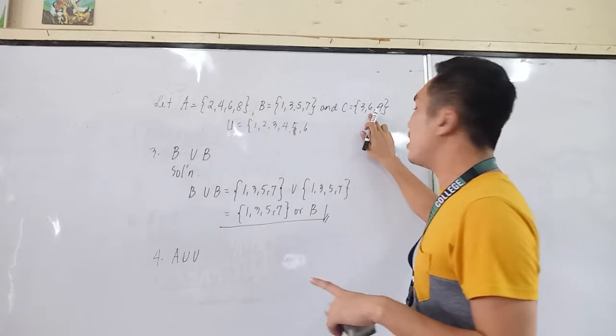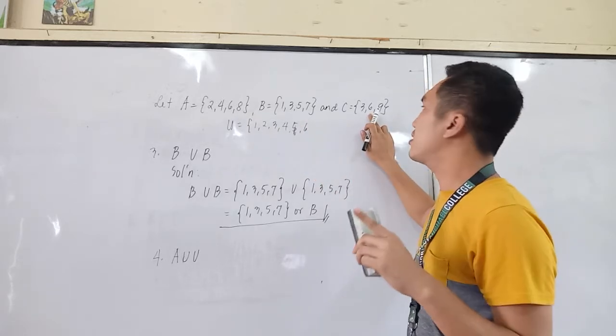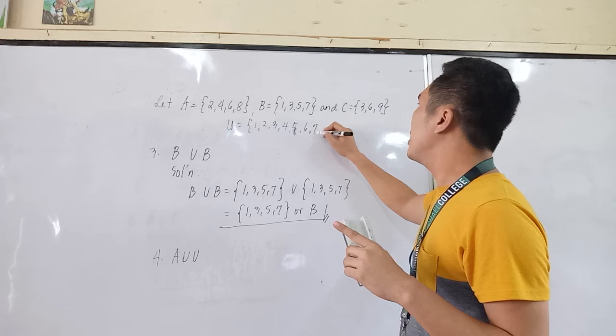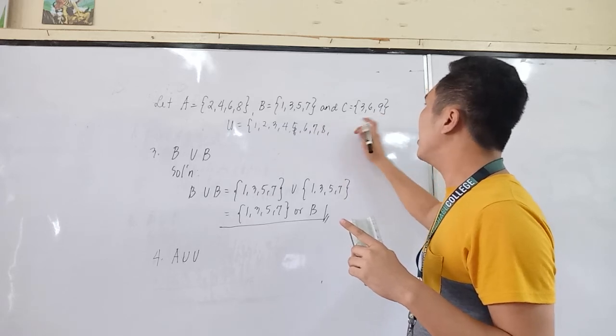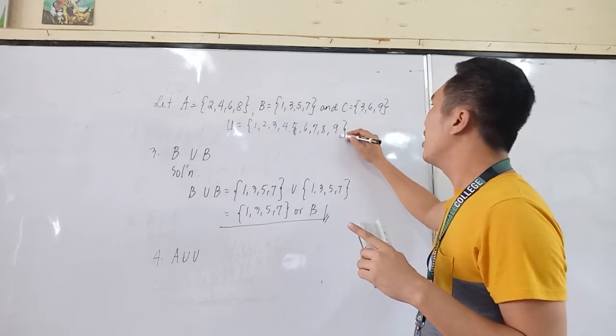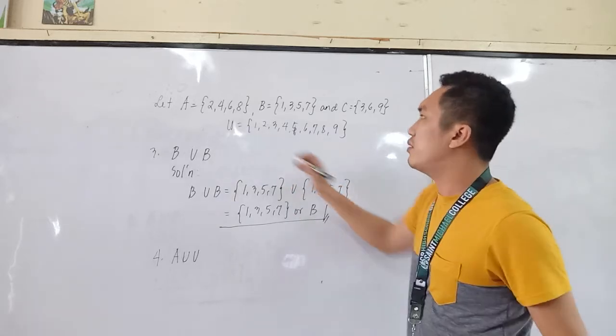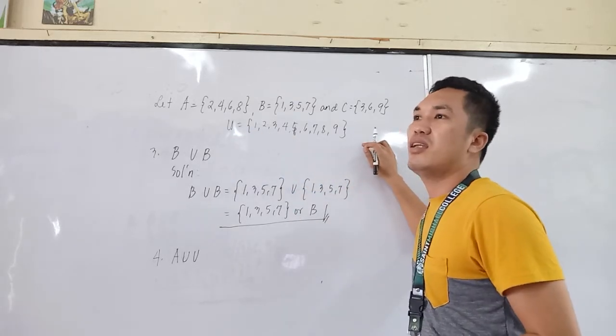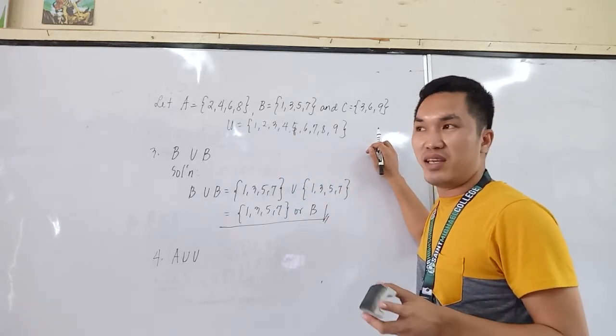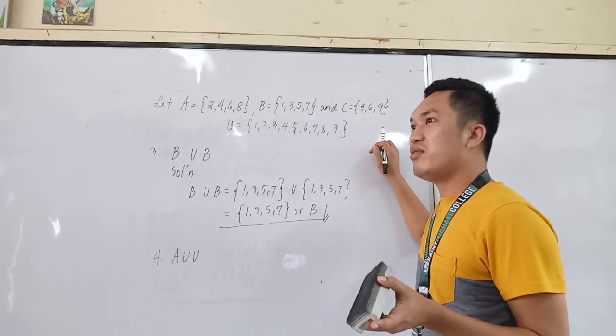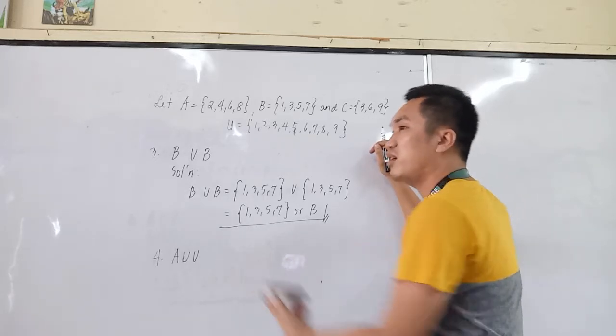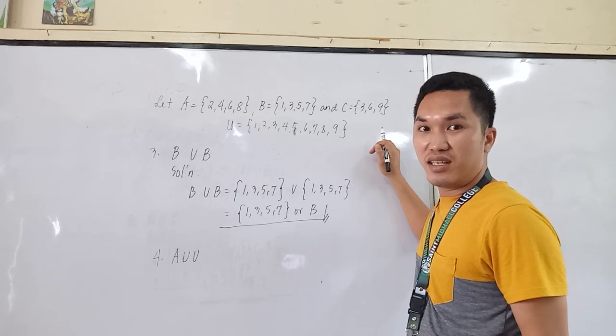We have 2, 6 here, so we will just write 6 once, followed by 7, 8, and the last number, we have 9. Therefore, this is now our universal set. Now, how are we going to find the union of a set to a universal set?